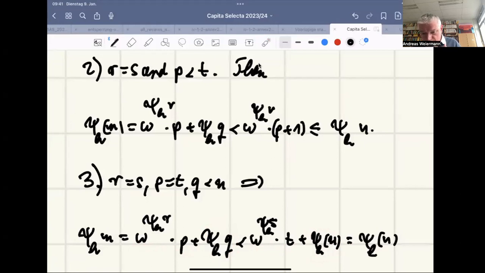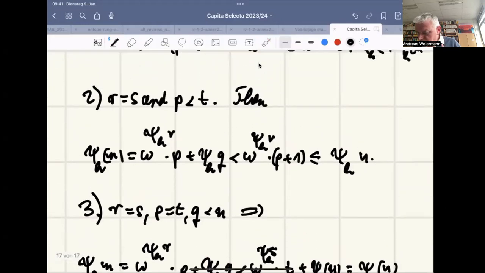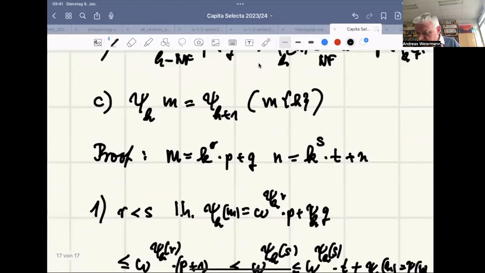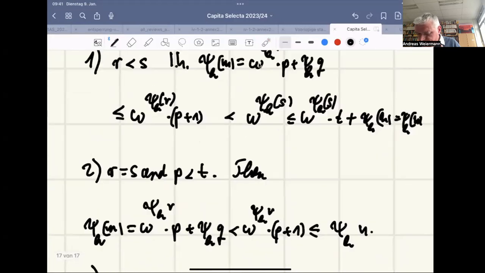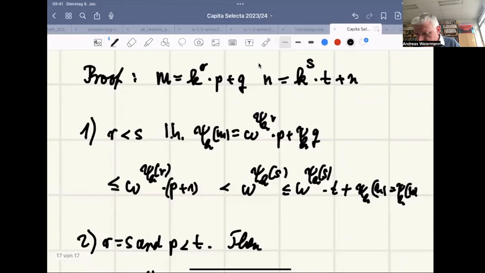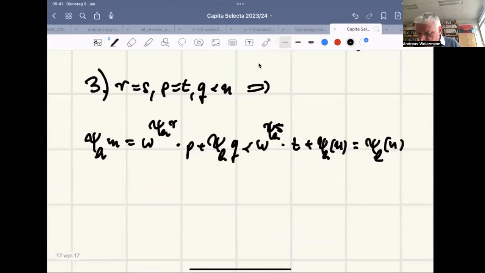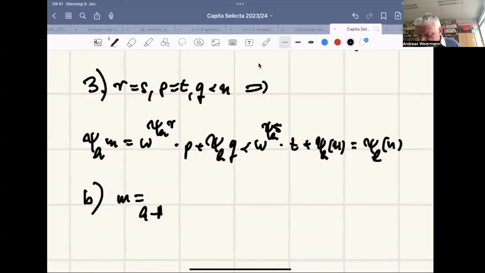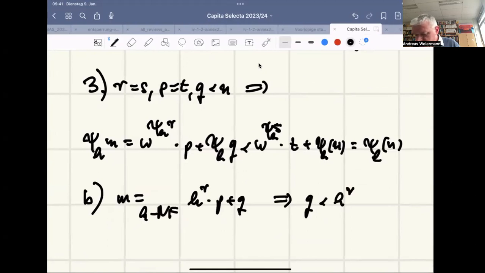Now, the next part is we have to show that normal forms are preserved. But that's not too difficult. Let us now prove B. m is assumed to be in k normal form, k to the r times p plus q. And of course, q is smaller than k to the r.